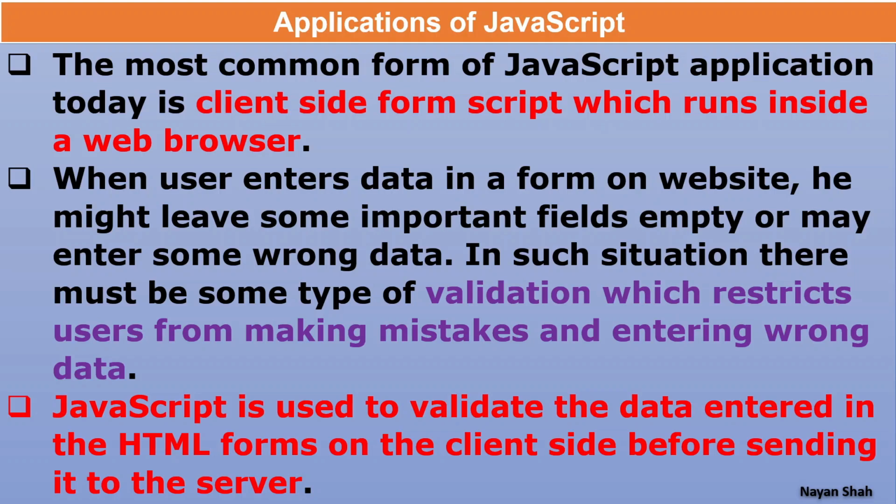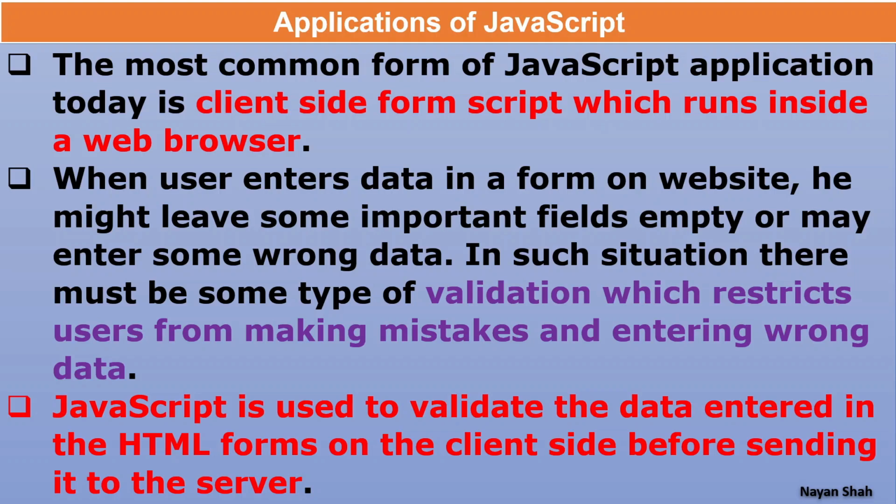As in our example, if I enter a female name in the name field and select male in gender, that is not wrong data, that is incorrect data. But JavaScript is not able to check for incorrect data. It is only able to check for invalid data.